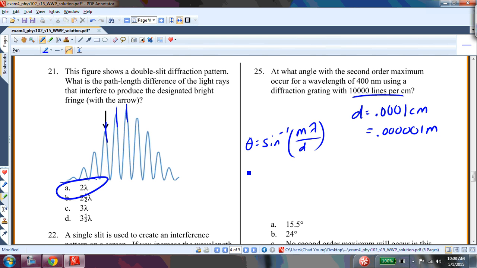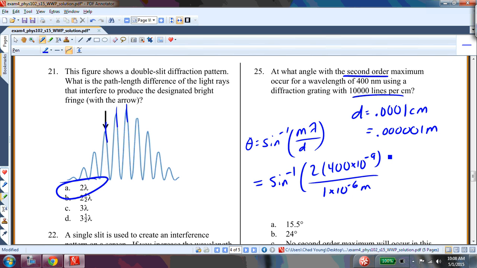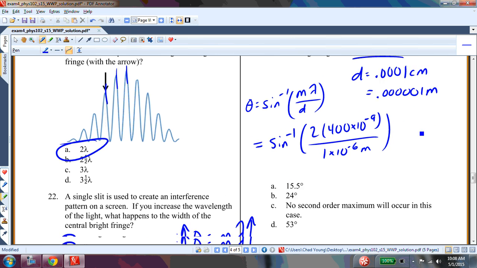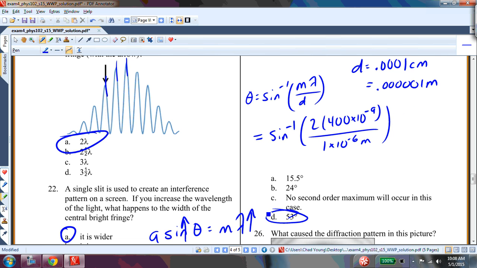That's from d sine theta equals m lambda. m is equal to 2, second order. Lambda is 400. And then this is 1 times 10 to the minus 6 meters. All right, and I'll do that. D is the right answer for 25.